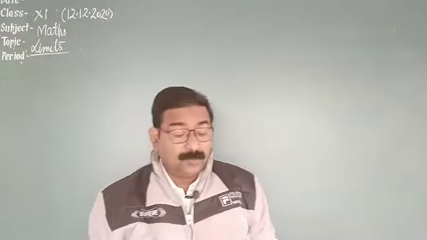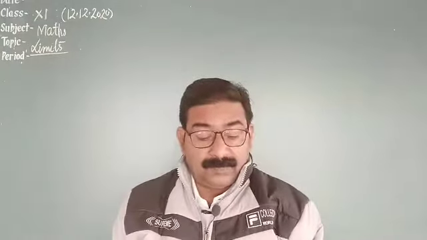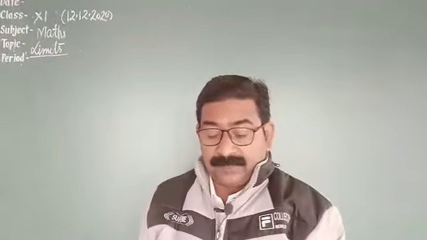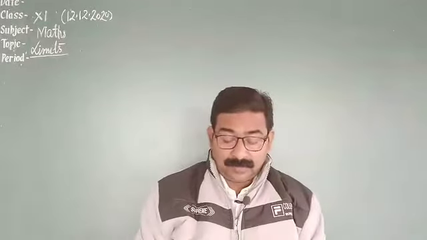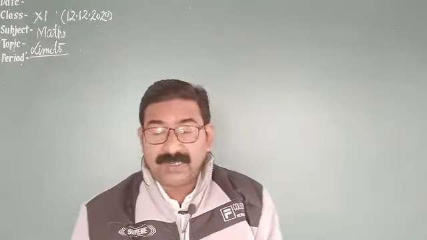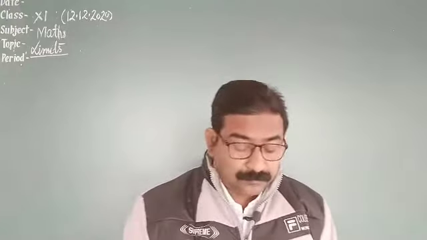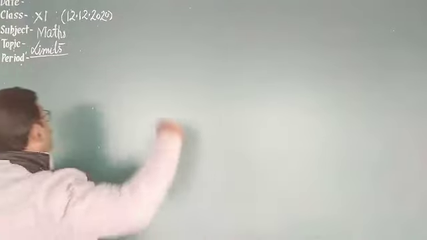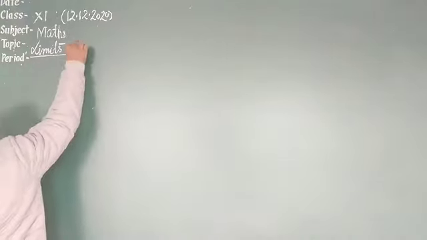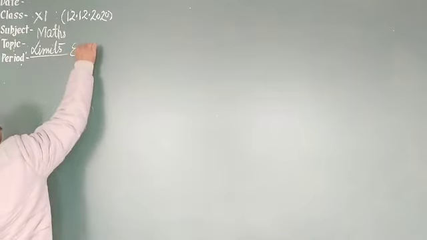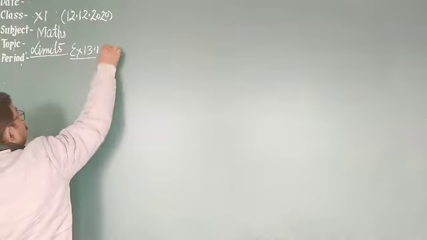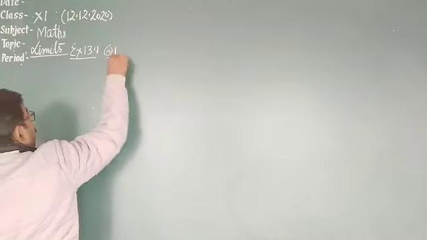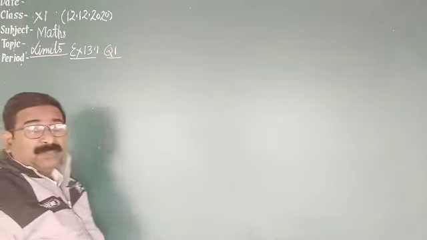Now we are coming to solve some questions from the exercise so that you will be able to solve the questions and understand better. Exercise 13.1, Question 1. Very simple exercise.